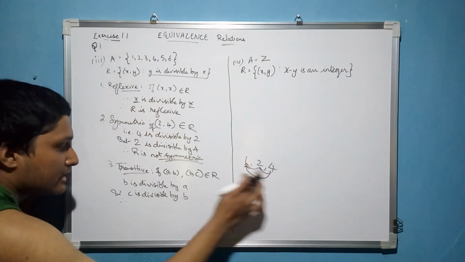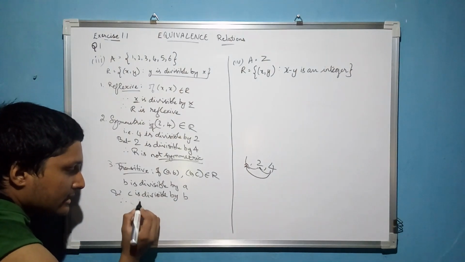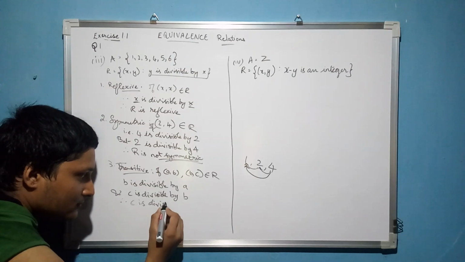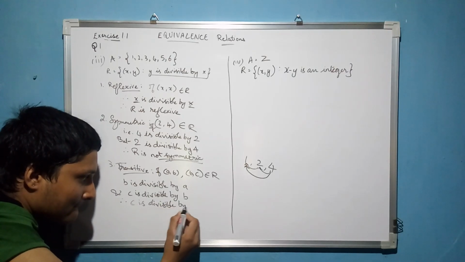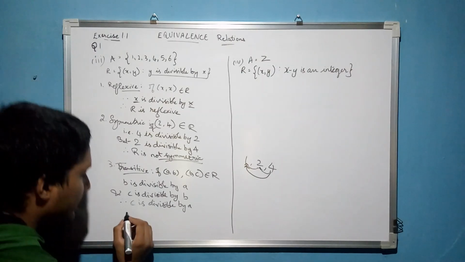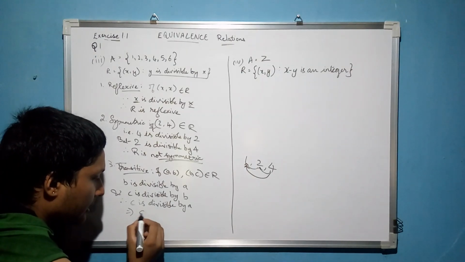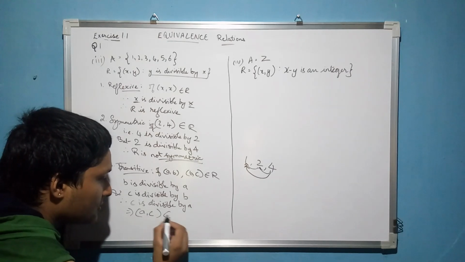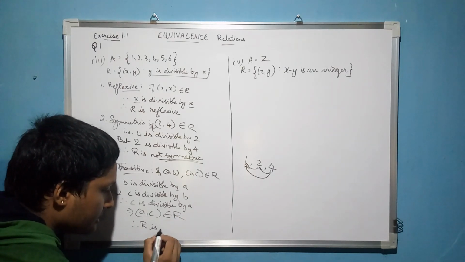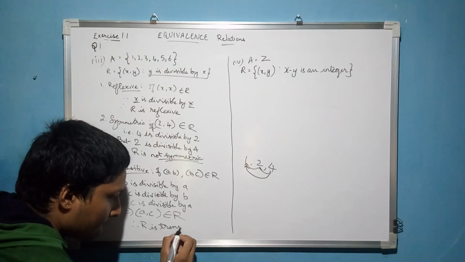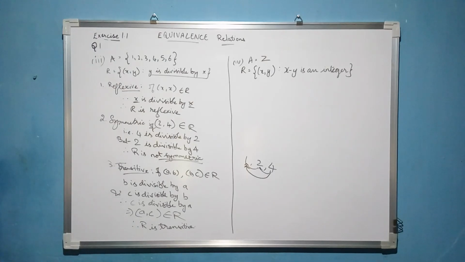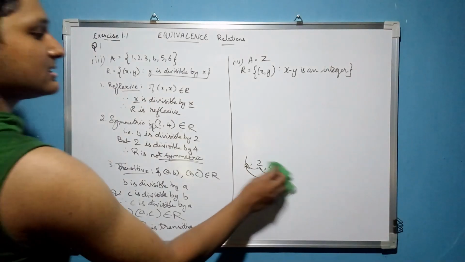Based on this example, I am writing that c is divisible by a. From this, you can just explain that a comma c belongs to R. Therefore, R is transitive. Let me rub this now. This is the next one.